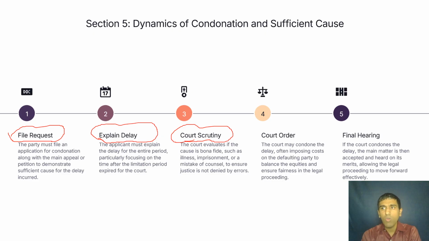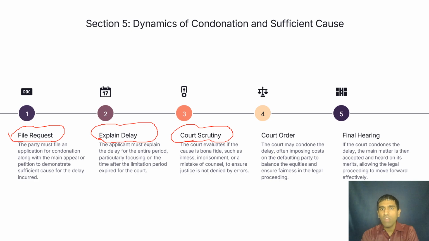That way the court would ensure that justice is not denied simply because of simple errors. If the errors were genuine, if the errors were beyond the plaintiff's control, then the court would ensure that justice is not denied to him for genuine reasons.